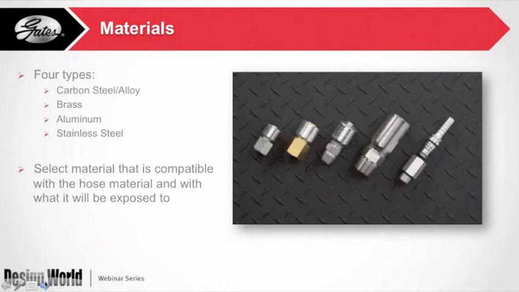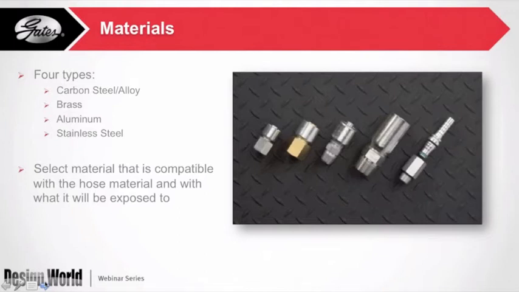Stainless steel. Again, stainless steel is very, very good at chemical resistance, corrosion resistance, as well as different hoses will offer a lot of stainless steel fittings as an alternative to the carbon steel, simply so that you can get the corrosion resistance characteristics that you need.